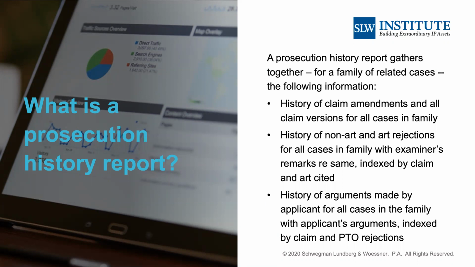When somebody picks up a file to do an amendment or file a continuation, they have a report that we can generate with a push of a button, literally, that gives them in one place all of the information about the history of all the claim amendments that have been made in all the family members, all of the art that's been cited across all the family members, all of the rejections that have been made, all the text of those rejections, all organized by claim and by reference, and also the amendment arguments that have been made by our team at Schwegman.